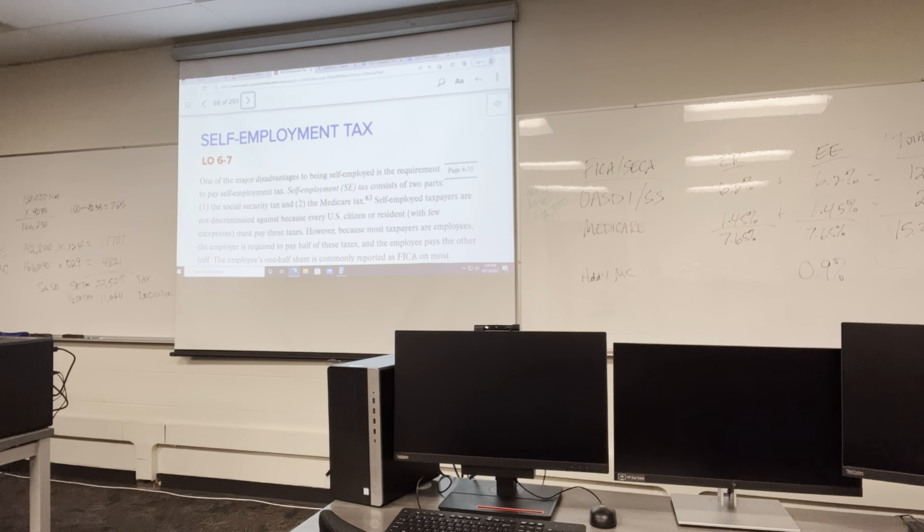Remember when you're doing this calculation, that you are going to take the 0.9235 first. That's the first thing you're going to do. Don't multiply by the tax rate first. First reduce it by this amount.